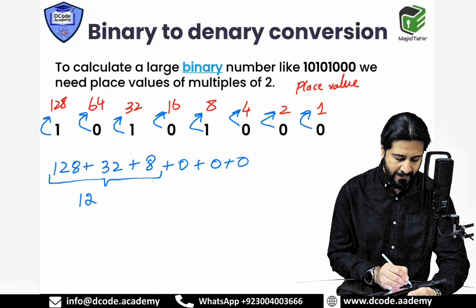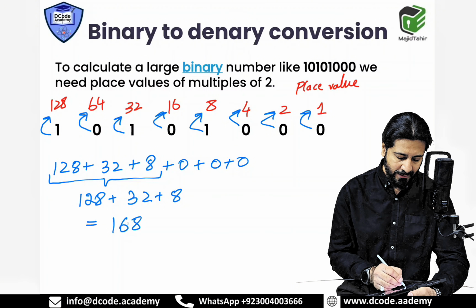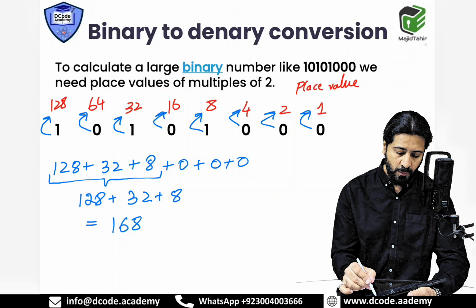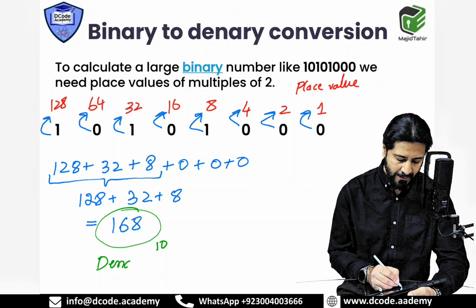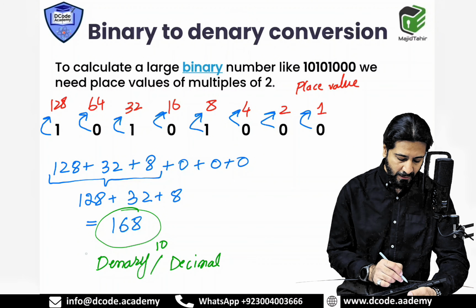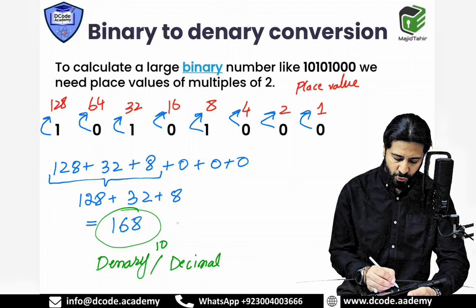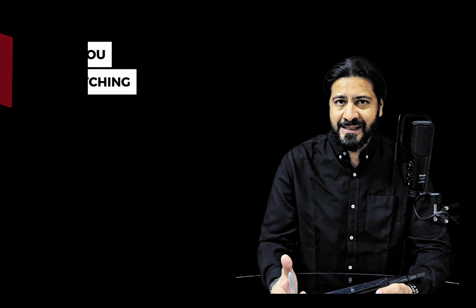So 128 plus 32 plus 8 is going to give me 168. Now this number 168 is a denary equivalent which has base 10. It is a denary or a decimal number. This is a decimal number equivalent to this binary number that I had, 10101000. This is it for today's topic.